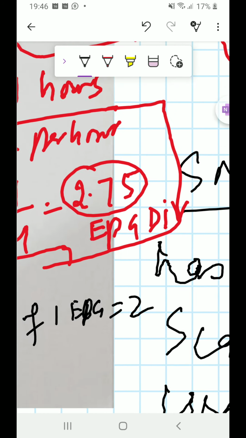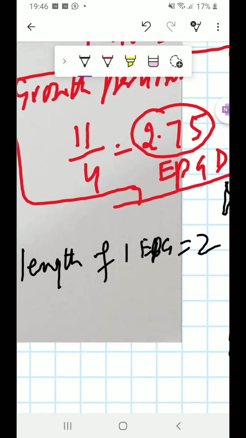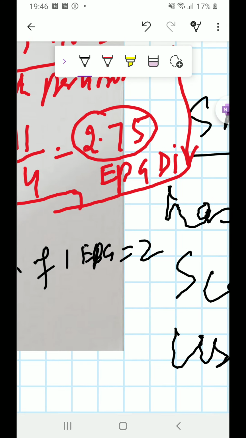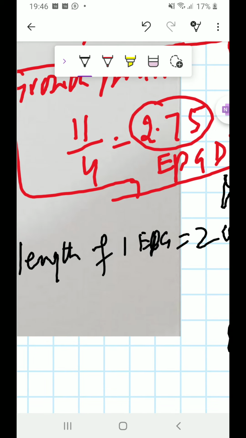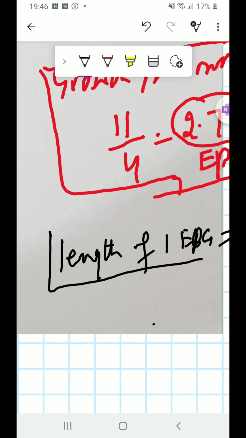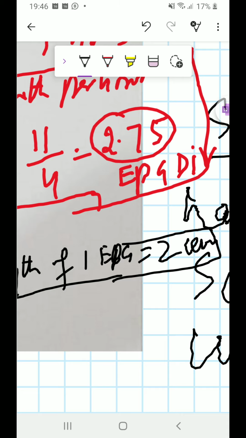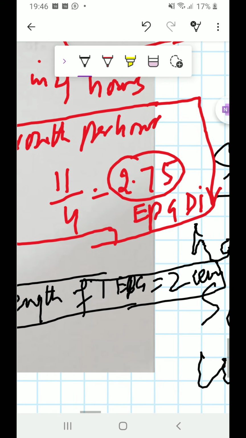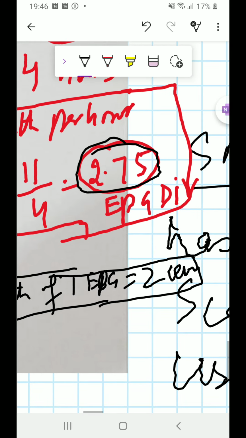We have already calculated it by calibrating an EPG. So what will the growth per hour be? We multiply this number of EPG divisions with this.